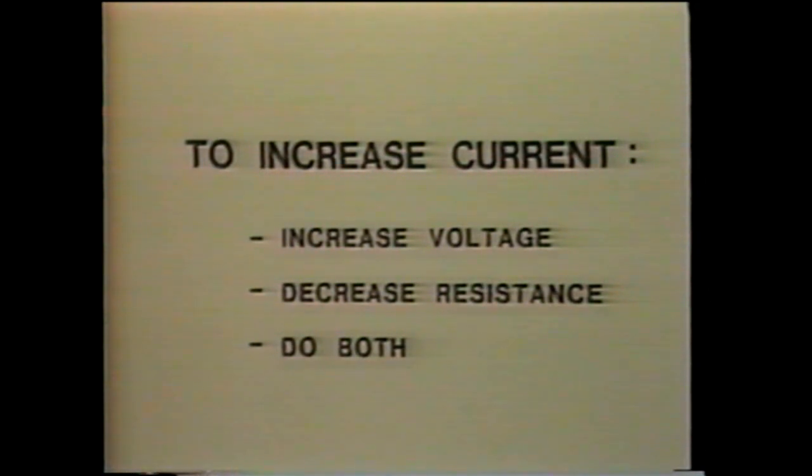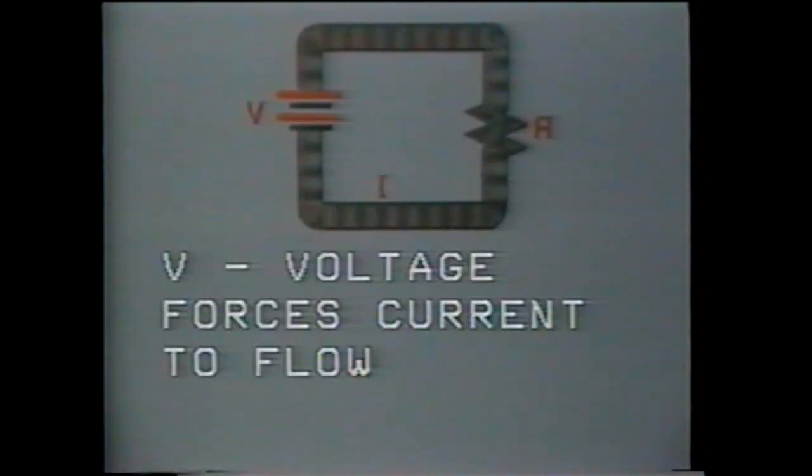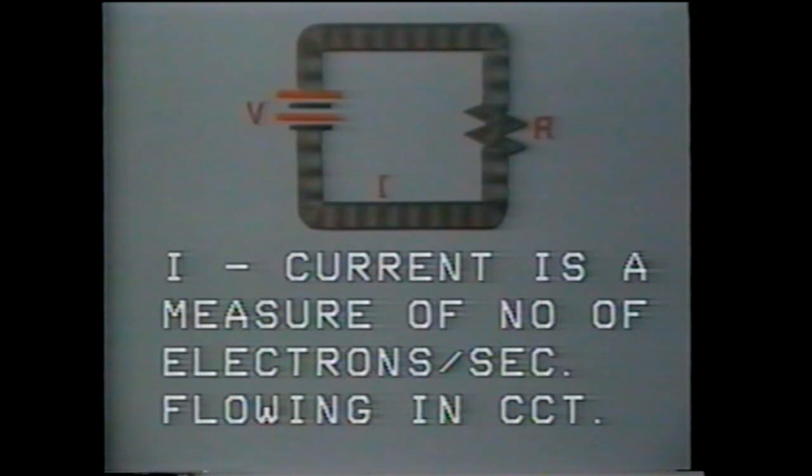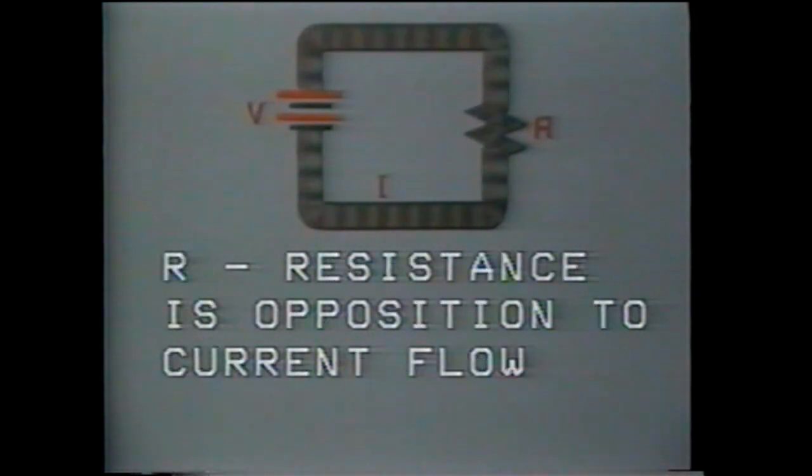We can do both. Remember, V is voltage in volts, which forces current to flow in the circuit. I is current flow in amperes, which is really a measure of how many electrons per second are flowing in the circuit. And R is the resistance of the circuit to current flow and is measured in ohms.